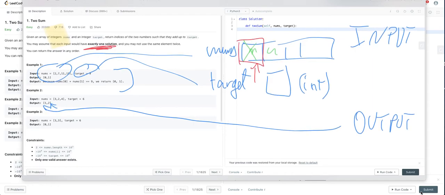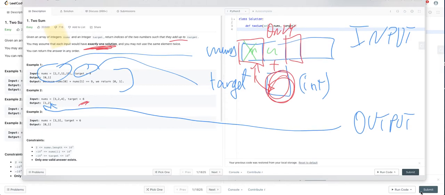It's always going to be only two numbers that give us the solution. And what is the solution? It's that when you add these two up, they're going to equal the target.